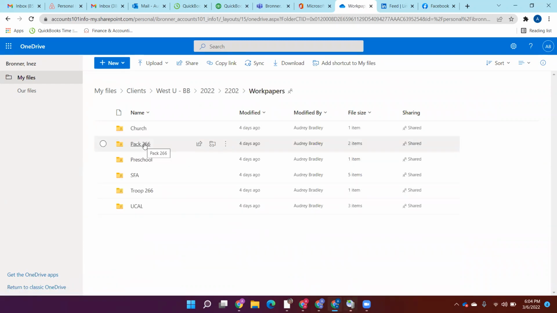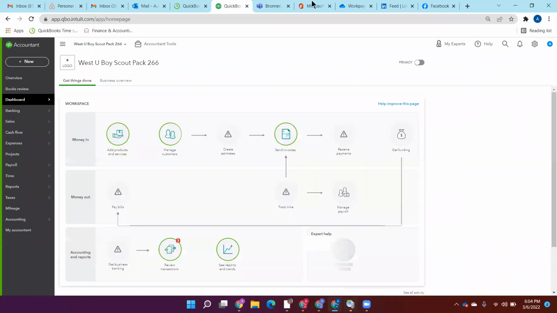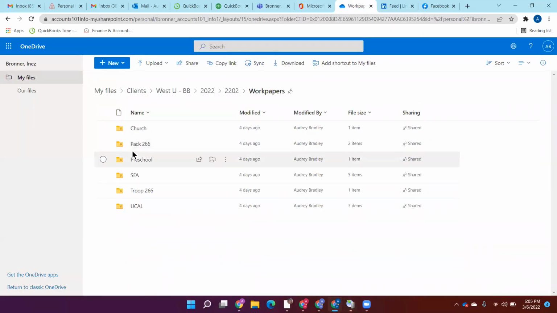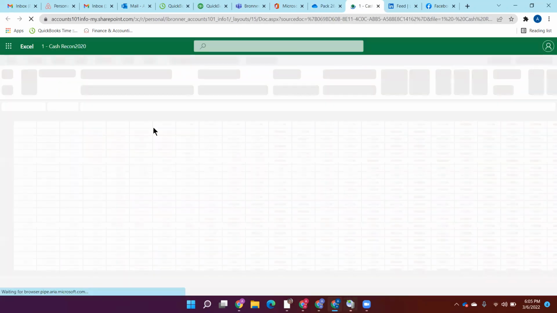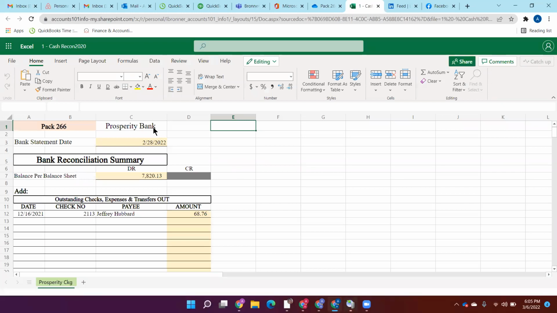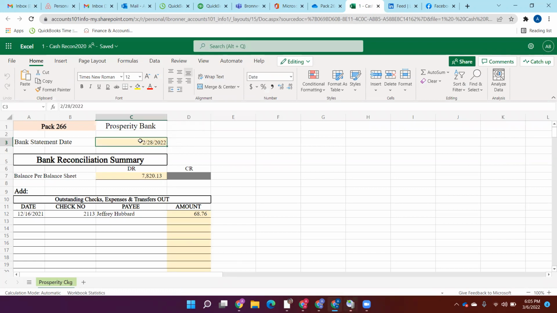So I think pack, yeah, pack 260. Okay. So she has this Excel for the bank reconciliation. It's a work paper. Her instructions were to go into here, update the date, and then I'm entering this balance per balance sheet.